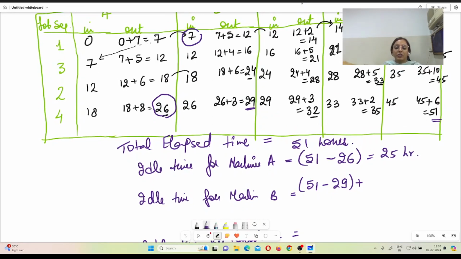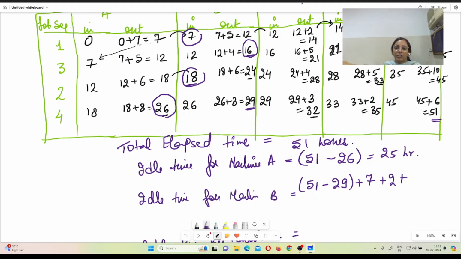So that means machine B has to wait for 7 hours when processing job 1. Coming further, it is 12, then 16, but now this is 16 and this is 18. So it completed the third job on machine B at 16 hours, but when it started the next job in the sequence, it has to wait for 2 hours. So write it over here as 2, right?